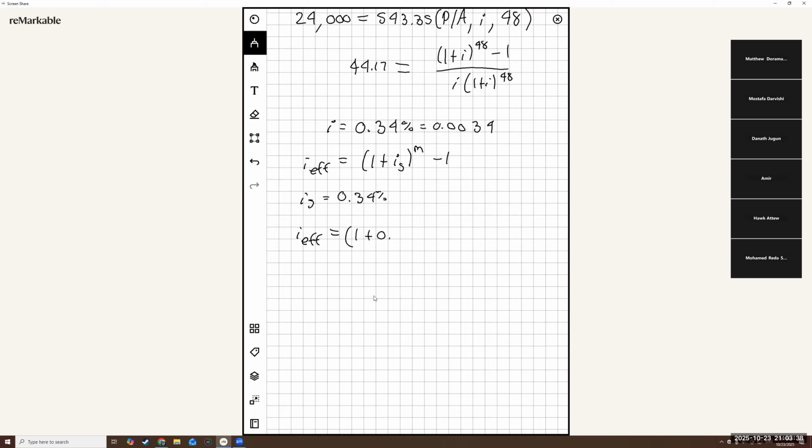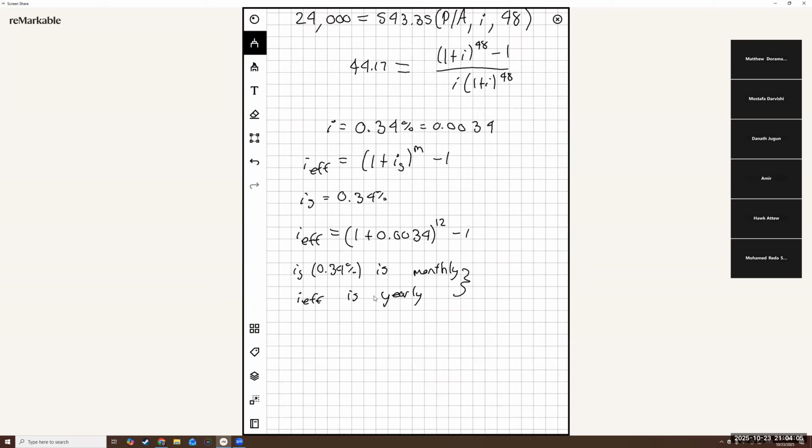1 plus 0.0034 to the power of 12, minus 1. So again, 0.34% is monthly. The effective interest rate is yearly.